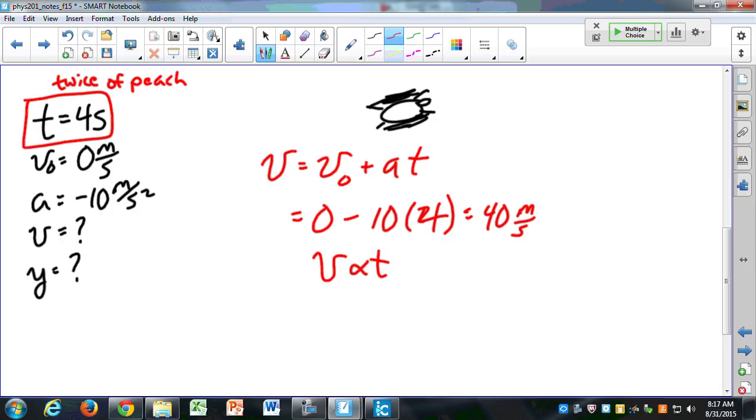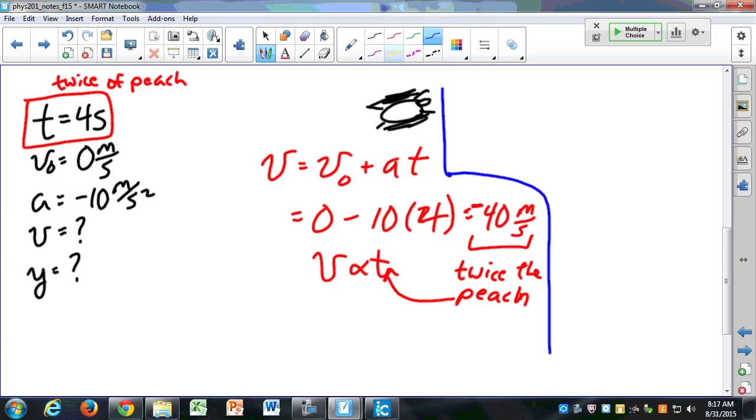I have the same initial velocity for both. If I double the time, I double the velocity. It's a linear relationship. Sydney? It would be negative. Thank you. So the velocity is negative 40, and then note here that this is twice the peach's because of this linear relationship between v and t.